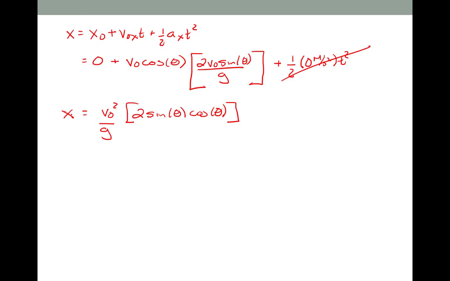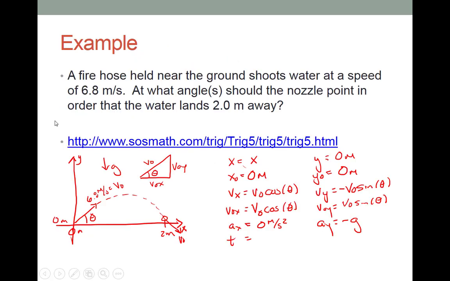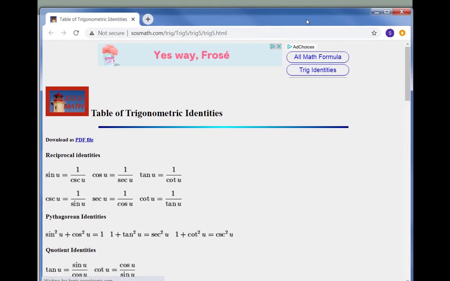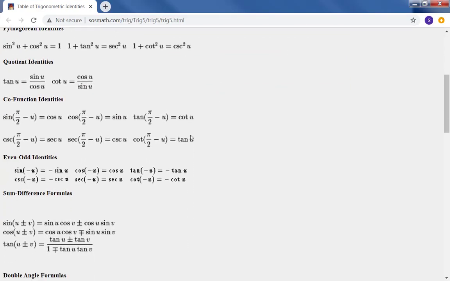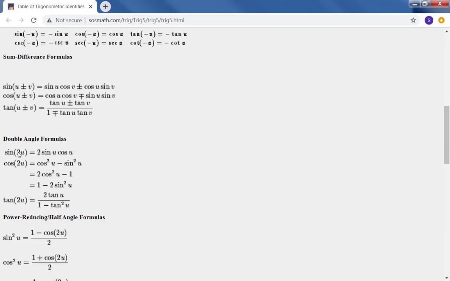But remember I said there was a trig identity. So if we open up this lovely table of trig identities and scroll down to the double angle formulas, look, we have sine of 2u equals 2 sine u cosine u. And this 2 sine u cosine u is exactly what we have in our formula right now.